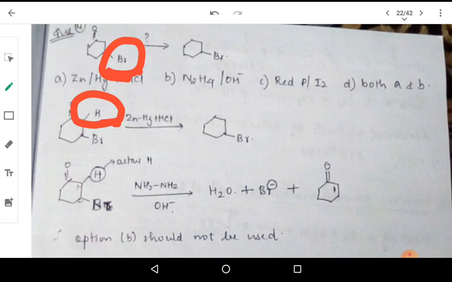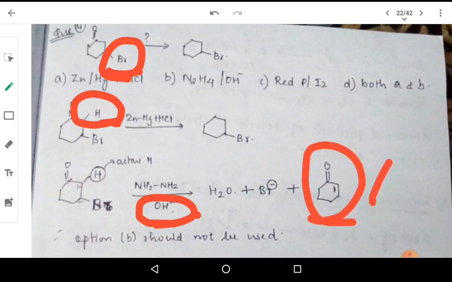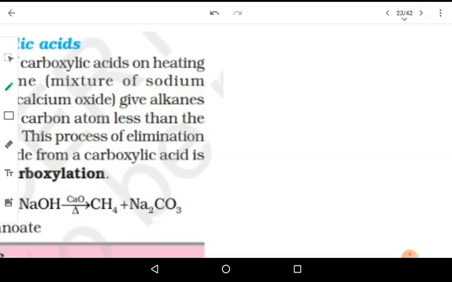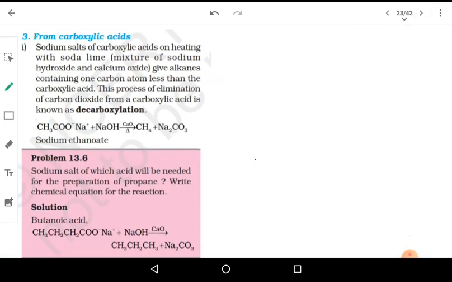So this acidic hydrogen can react with the OH minus if we are carrying out the Wolff-Kishner reduction, and it can form an alkene, and that is not the desired product, right? So we cannot carry out this particular reaction, that is Wolff-Kishner reduction, when there are compounds containing alpha hydrogen, because alpha hydrogen is an acidic hydrogen and that will misguide the reaction. So these are the limitations of these two reactions, that is Clemmensen reduction and Wolff-Kishner reduction.